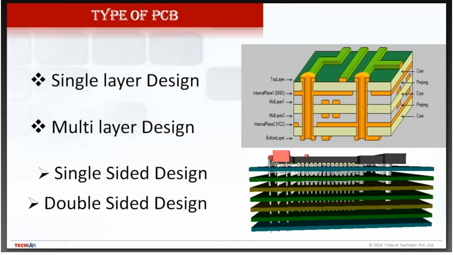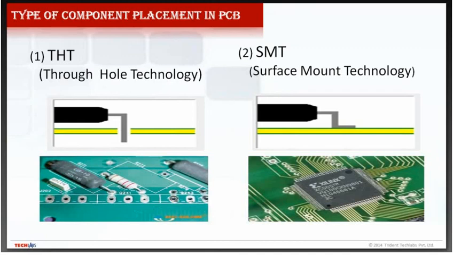In the PCBs, mostly we place the real components. The components could also be of two types. One is through hole component and another is surface mount component. A through hole component is like our general resistor, which has two leads. The leads pass through the hole of the PCB, and we solder at the top or the bottom.